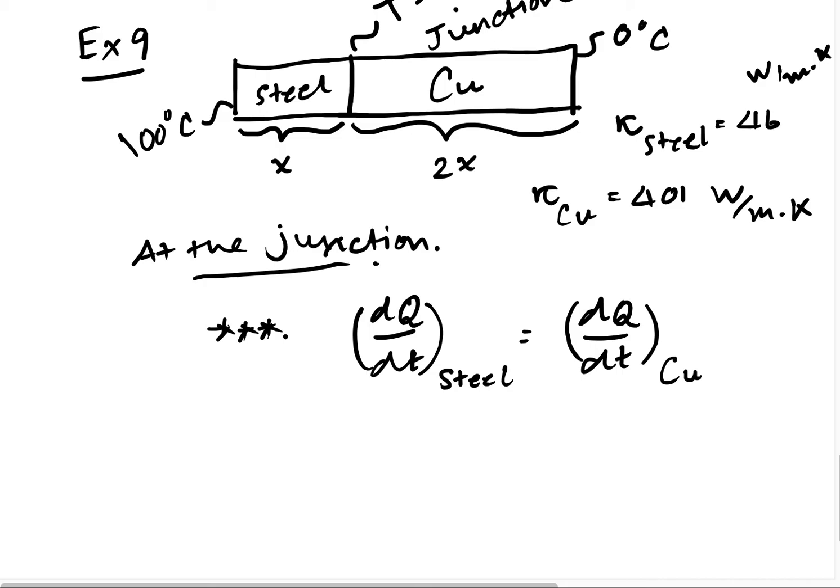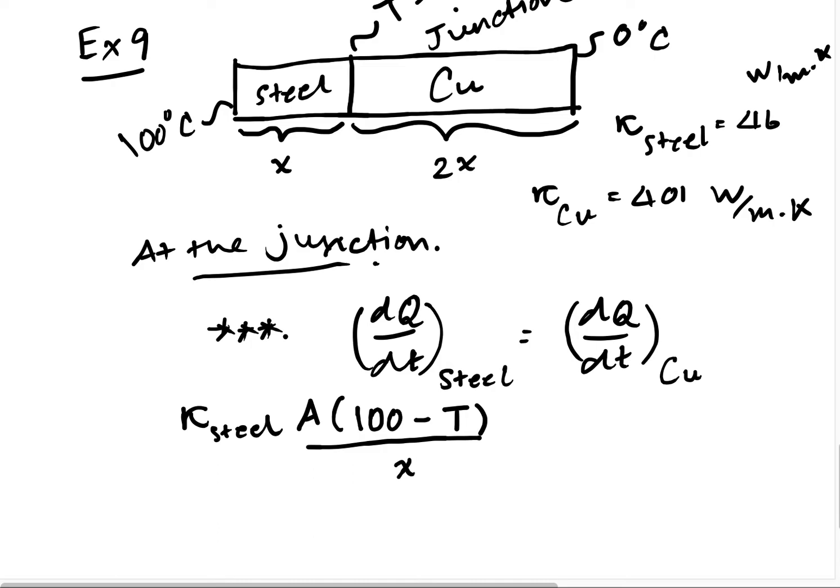So we have dQ by dt equals kappa of the steel times the cross-section area, and the temperature difference from the left to the right is 100 minus T, where T is the temperature at the junction, over the distance x.